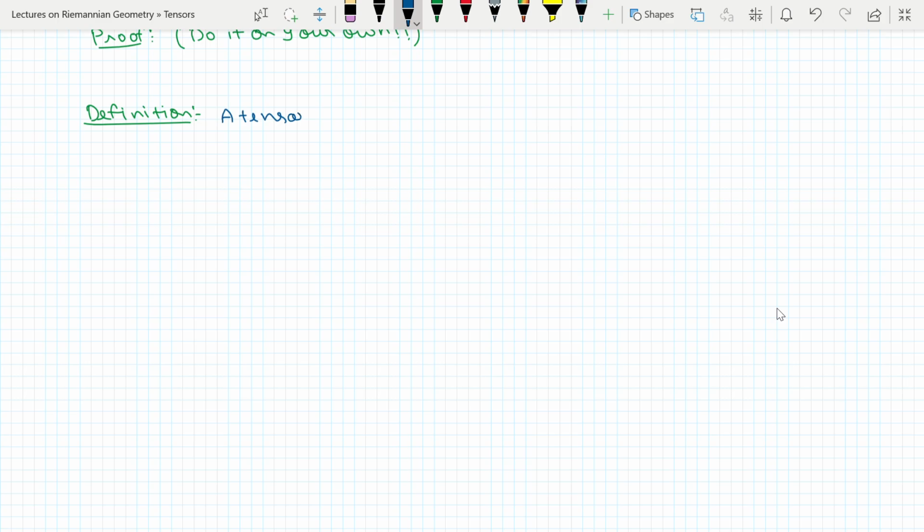Definition. A tensor T of type (K, L) over the vector space V. So this is your vector space, and this is a real vector space, a vector space over R. So a tensor T of type (K, L) over the vector space V is a multilinear map.